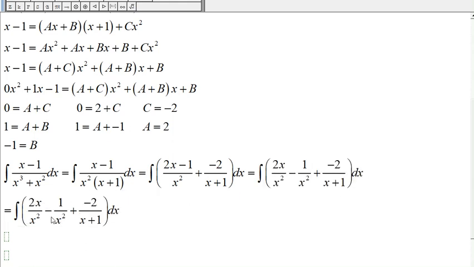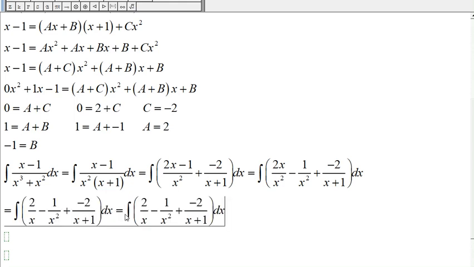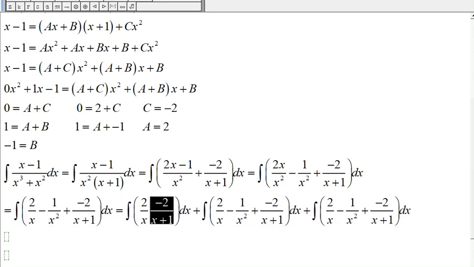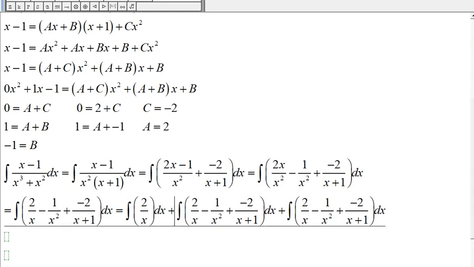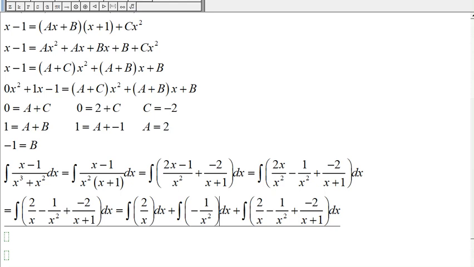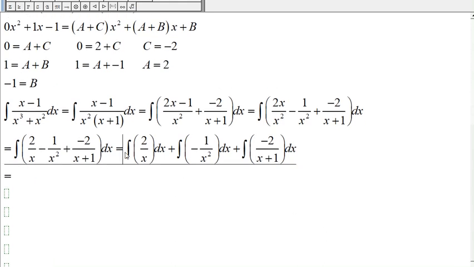And then this is the same as 2 over x. And then we can move some of the constants out.